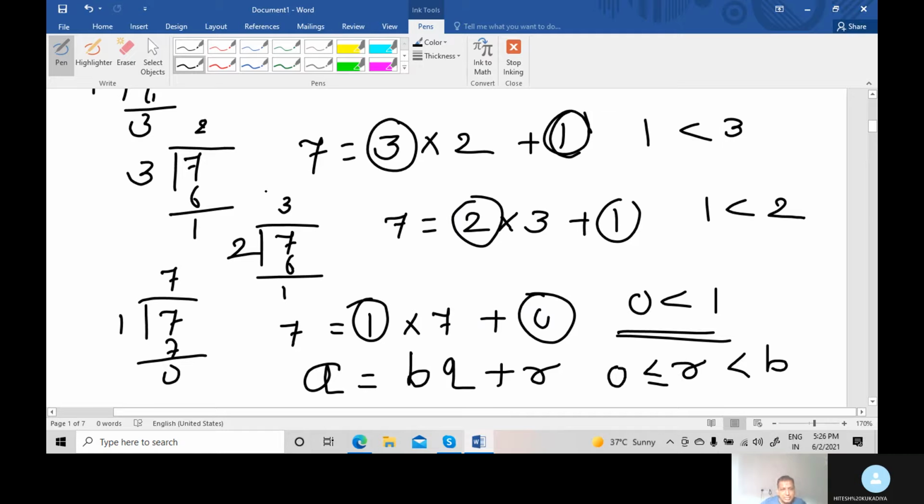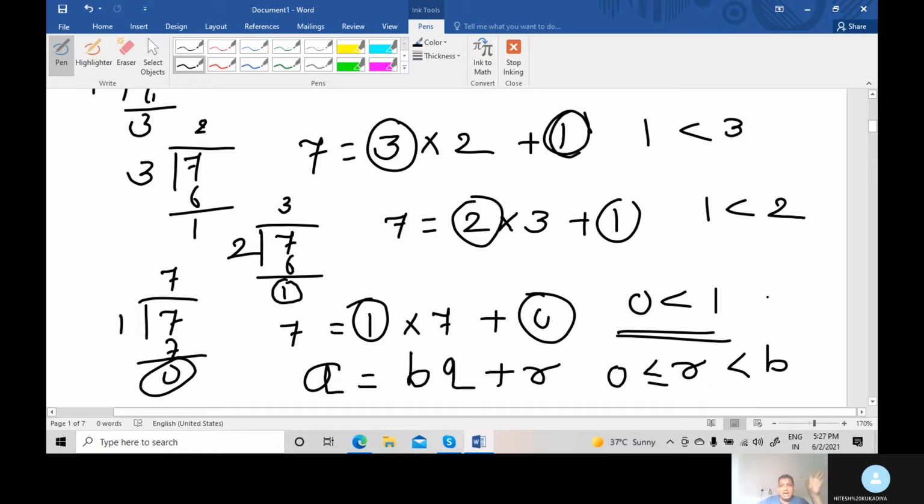Look at all the divisions. The remainder can never be a negative number here. You have studied mathematics in lower standards also, and in division the remainder can never be a negative number. Right? So the remainder is minimum 0 and always smaller than divisor. This is the concept of Euclid's division algorithm.